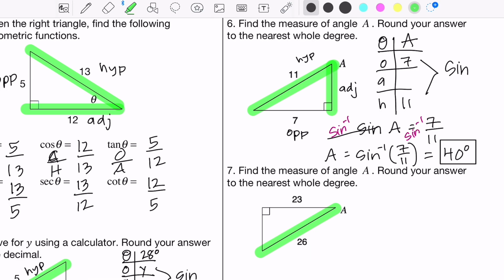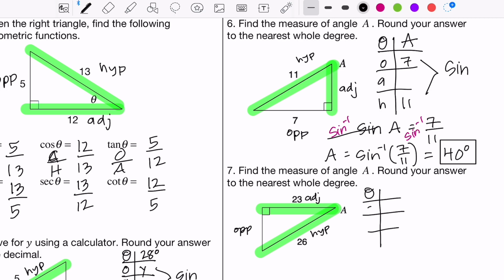Same thing for this guy. We're going to highlight the angle that we're referencing, and then label hypotenuse, adjacent, opposite. So for the measure of angle A, I know the hypotenuse is 26 and adjacent is 23, which leads me to cosine.